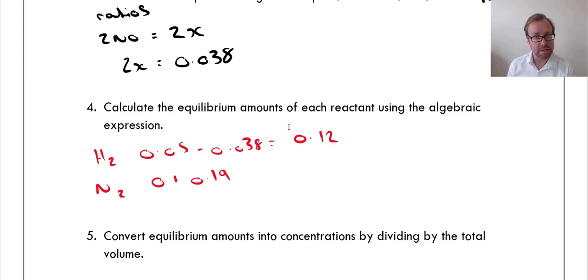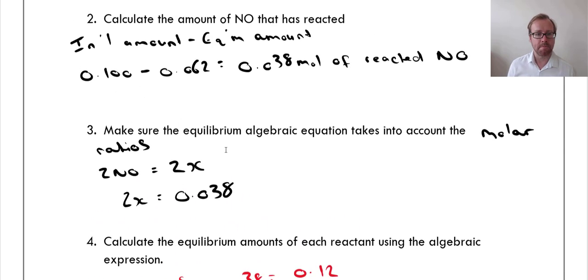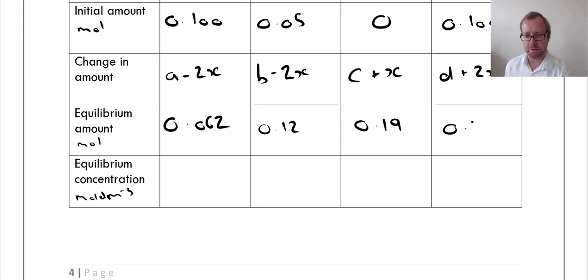Remember, this is my value for x, which gives me 0.19. And for H2O, I'd already started off with 0.100, so I need to add 0.038 to it, which gives me a value of 0.138. I can now add these to my table: 0.12, 0.19, and 0.138 moles. Hope that makes sense so far.